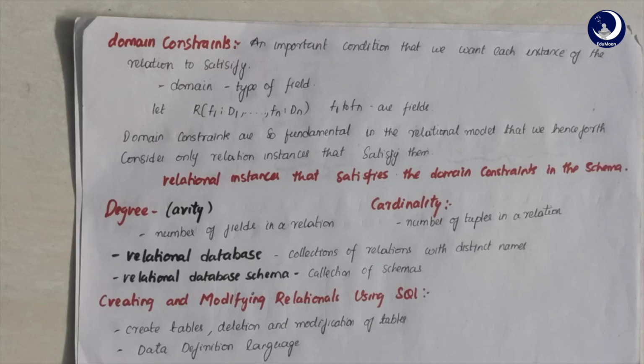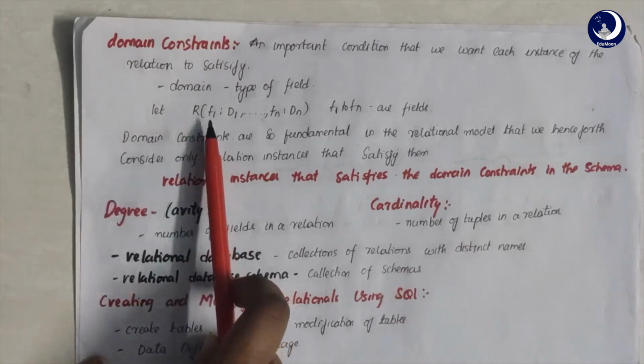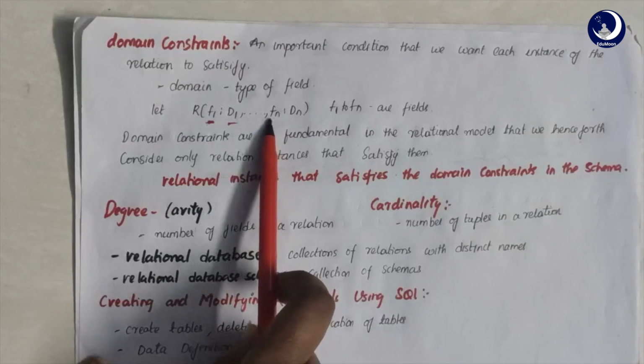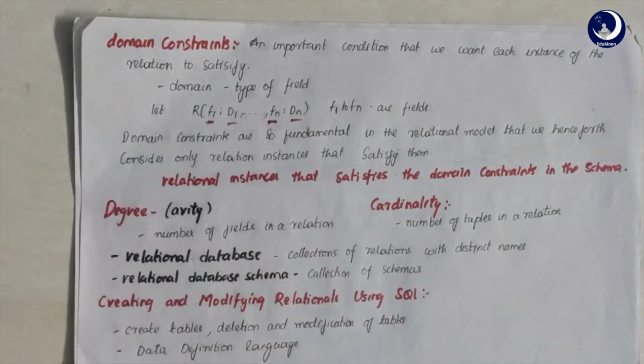A formal way of defining the constraints would be a relation R(F1: D1, ..., Fn: Dn). Here F1 to Fn are the field names and D1 to Dn are the domains for that particular field. Domain constraints are so fundamental in the relational model that we henceforth consider only relation instances that satisfy them.